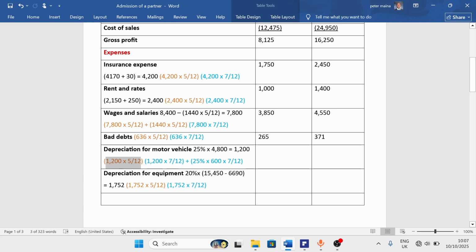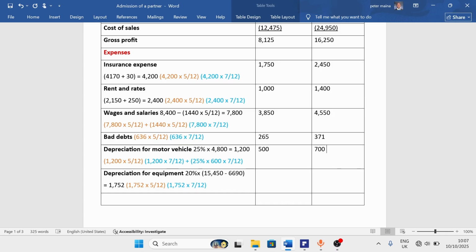So 500, that is the depreciation for the first period. And then when you go to the second period, the same depreciation you are going to take 7/12. So 1200 multiply by 7 divide by 12 is going to give us 700.